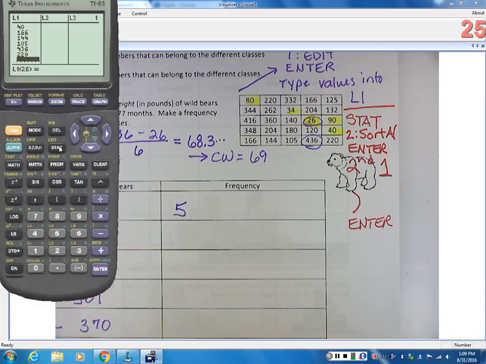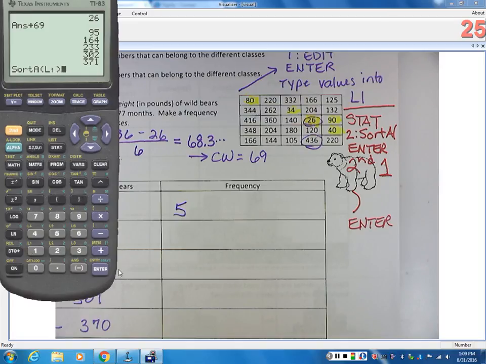So you put your data in. It probably wouldn't be a bad idea to scroll back through it, make sure you didn't have any typos or anything. Then you hit Stat, choose the second option, enter. Second, number 1, because there's a little L1 above the number 1 key.